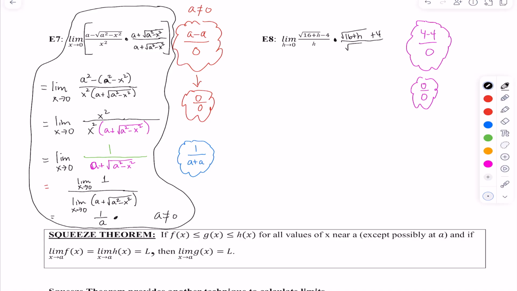Much of calculus is just algebra. So the more algebra you know, the more calculus you can study. Simplifying the expression in the numerator.